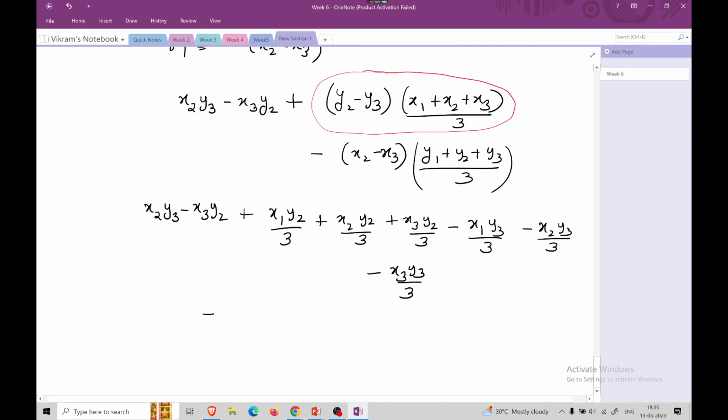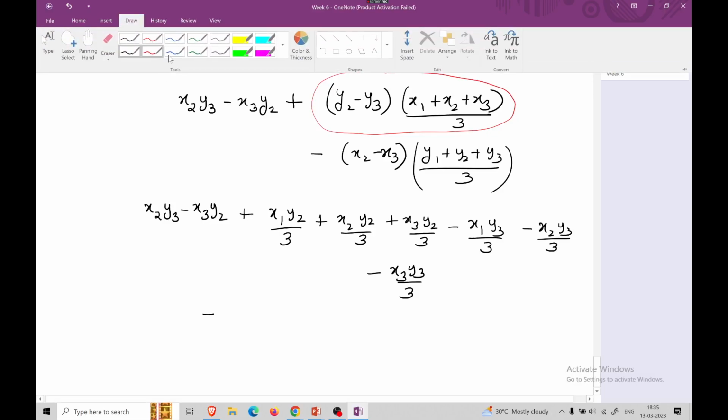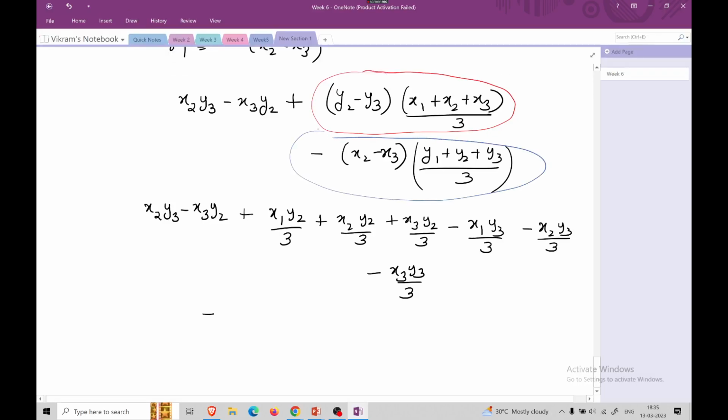I have expanded, so now I am going to expand this term. It will be minus x2 y1 by 3 minus x2 y2 by 3 minus x2 y3 by 3 plus x3 y1 by 3 plus x3 y2 by 3 plus x3 y3 by 3.